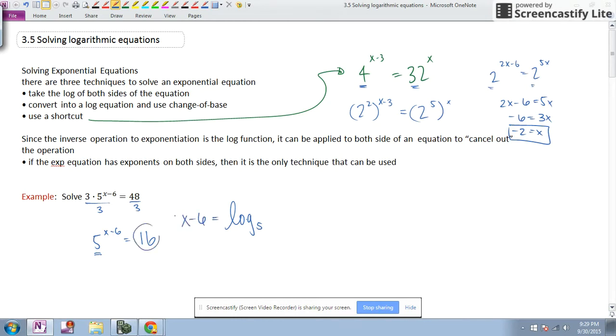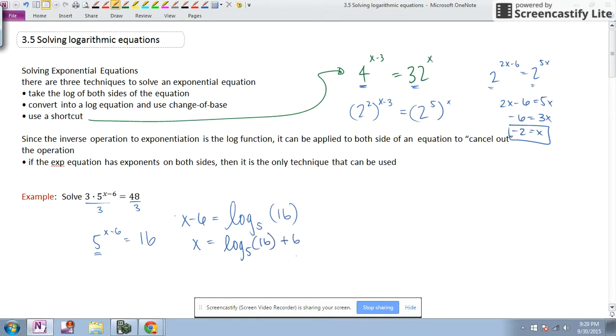And then this side is always the input of the log, that is this thing right there. And so we now have rewritten our problem. And we wanted to solve for x, so how easy is that? You're just going to move the 6 to the other side. And you are going to have an equation like that.